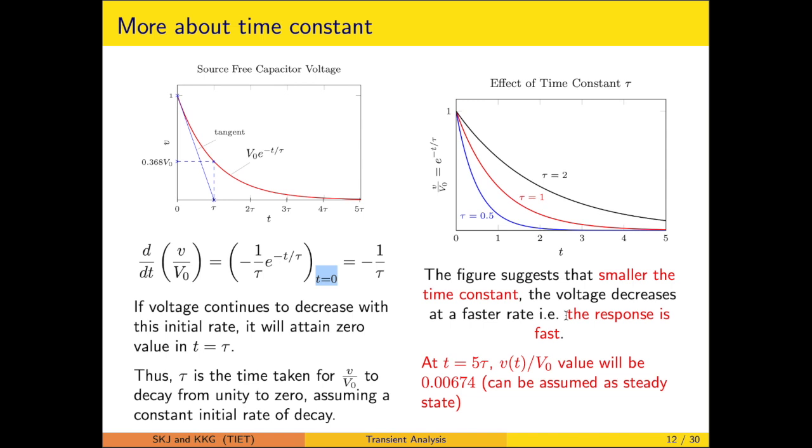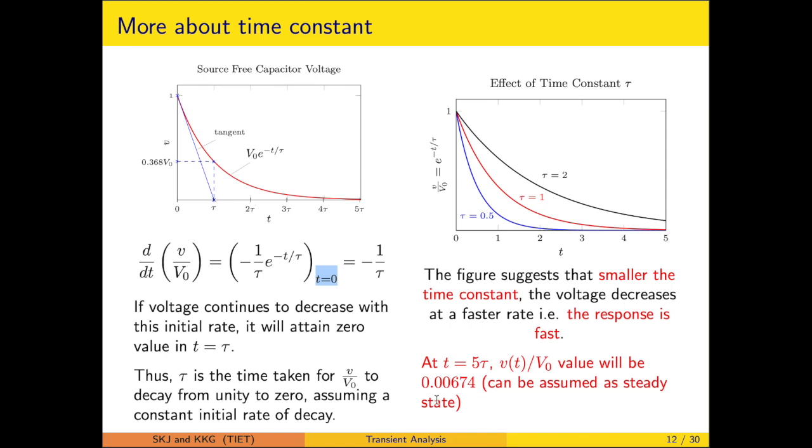Now this tau has a significant influence on the behavior, or you can say the rate of decrease. So when the time constant is high, the rate of decrease is low. When the time constant is small, the rate of decrease is high. On this basis, when the time is 5 times the time constant, the value is close to the steady state value.